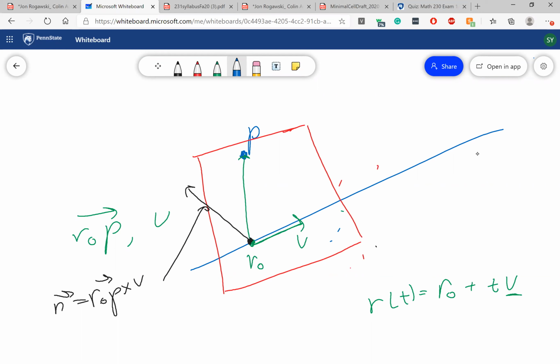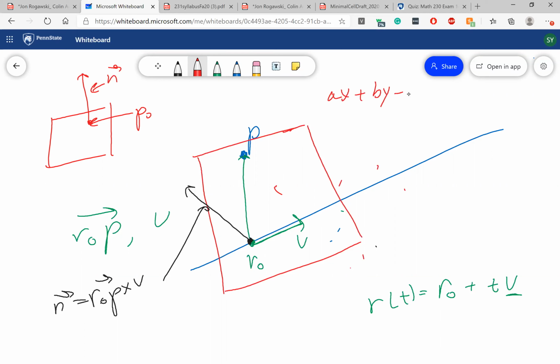The properties of a plane are that they have a normal vector, and then we need a point on the plane. Let's call this P0. The formula for the plane is AX plus BY plus CZ equals D, where A, B, C form the normal vector.